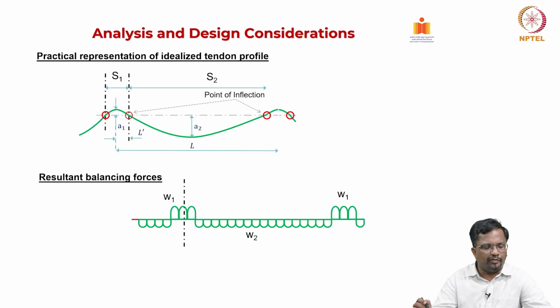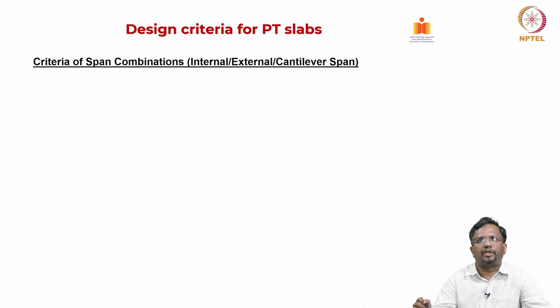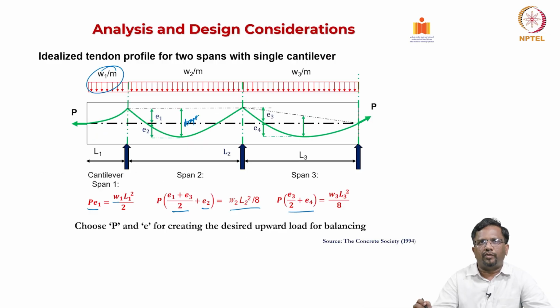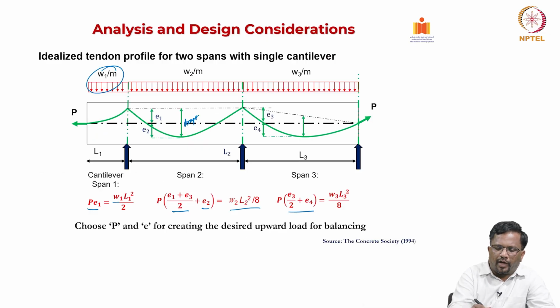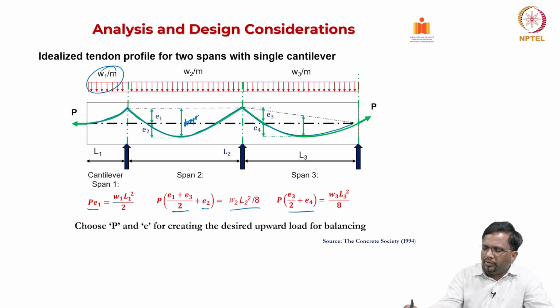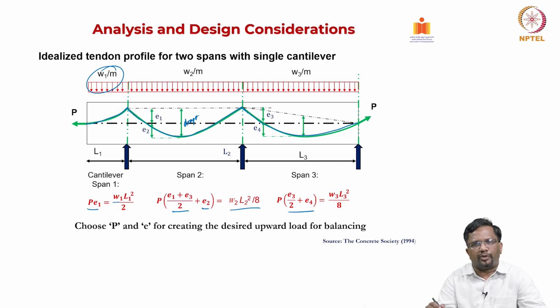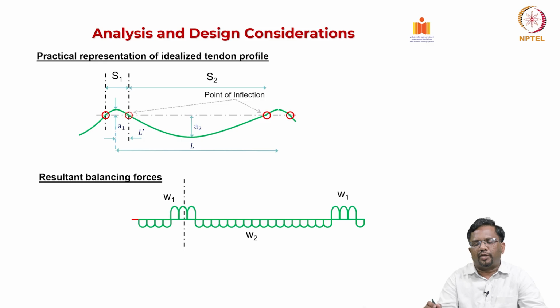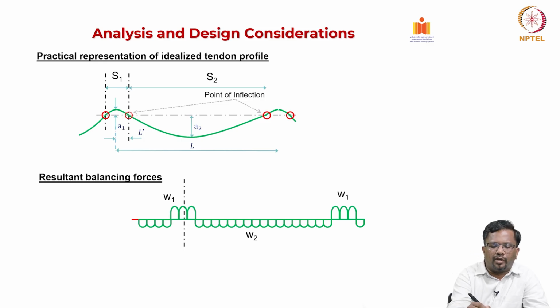Okay. So, previously, if you see, we have taken a very idealized cable profile with a very sharp change in the cable like this. You see, there is a sharp change here, right, at all the support locations, but we cannot achieve that in the field. So, typically you put a reverse parabola like this. This is a parabola and this is a reverse parabola.